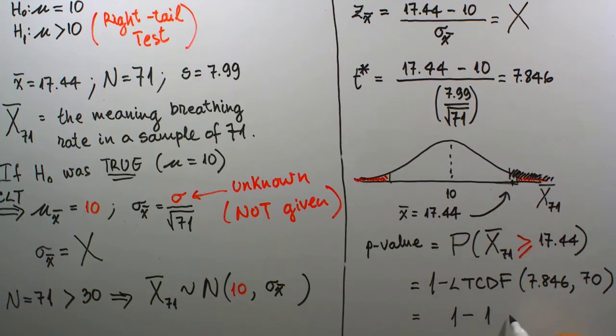So the answer here comes out to be 0.0000. So I'm using a decimal. 0.0000 here is to indicate that our final value is so small, close enough to 0, that even in 4 decimal places, it's still all 0.